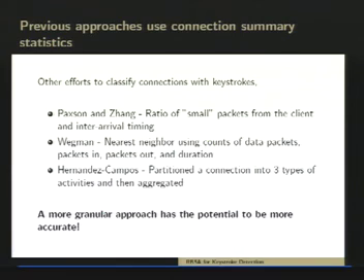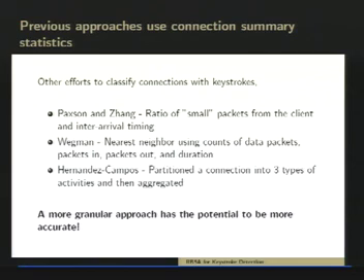As far as where this fits into the framework of things, there have been some previous approaches to this where people have looked to classify connections as having keystrokes or not keystrokes. For instance, Paxson and Zhang took a look at the ratio of small packets to the total number of packets and the interarrival timings with those packets. And they did all right there.